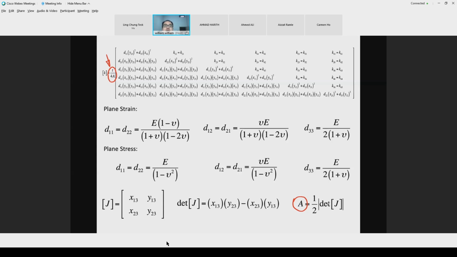Okay, so the trick is that the moment you determine plane strain or plane stress, you can already move to calculate your parameter D. Once you know whether it's plane stress or plane strain, calculate D straight away: D11, D12, D21, and D33.